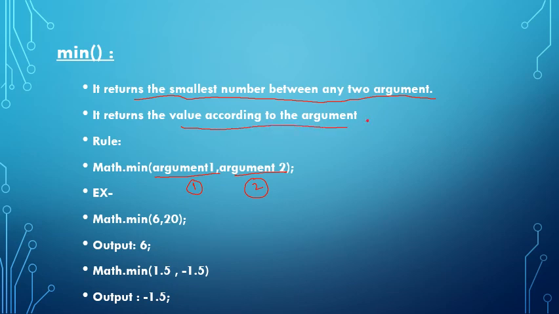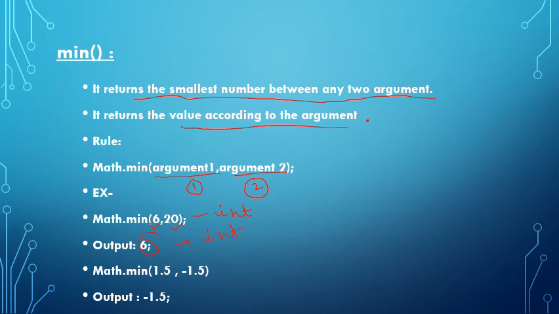It returns the value according to the argument, so the return type depends upon the data type. For example, Math.min of 6, 20. So the minimum value is what? 6. So it returns 6. You are passing the integer data type here, so it also returns the integer data type.